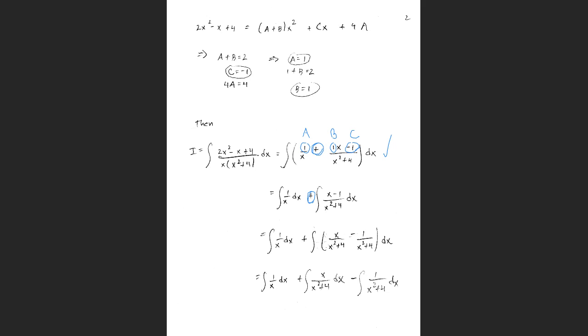And what we can do here on the right-hand side is this C was equal to -1 based on the partial fraction expansion, the -1x.